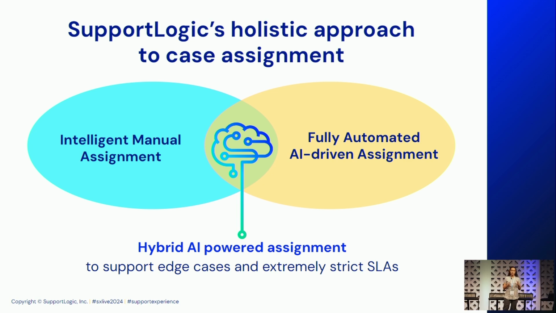Cases that can be fully automated go through the automatic route and leverage the recommendation engine for auto-assignment, and cases that require a little bit more manual assignment will land on the board where the manager can go and manually assign those cases, but still have the agent recommendations for the agents that are best for those cases.